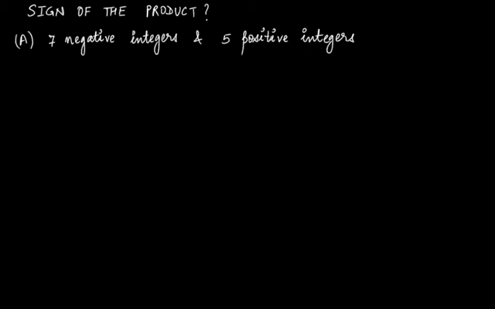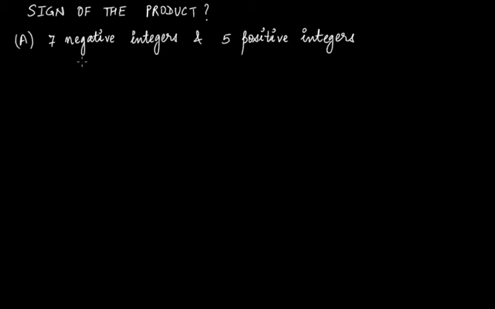If you remember, we had discussed that whenever even one negative integer is present in a given product, in a given multiplication, product or multiplication being the same thing, then just forget about positive integers. They will not decide the sign of the product. What will decide the sign of the product is the number of negative integers in that multiplication.